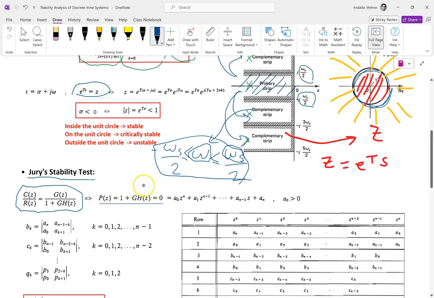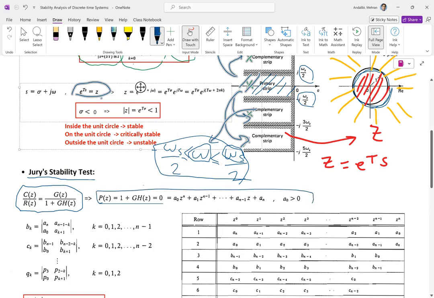And if that's the case, here we assume that our denominator polynomial is what? It is an nth order polynomial like this. So it is a naught z to the n plus a1 z to the n minus 1, all the way to an. And we assume that the first coefficient, the highest order coefficient a naught, is positive, okay?